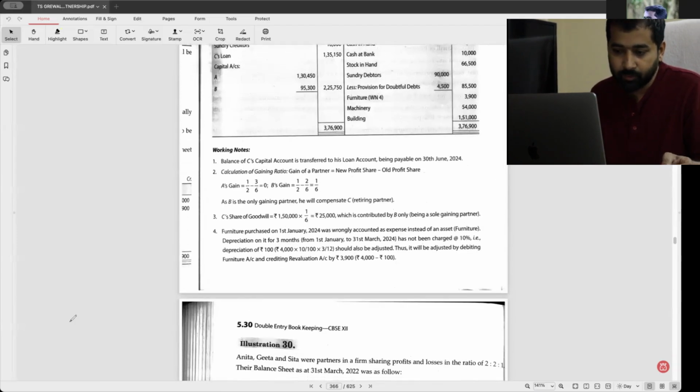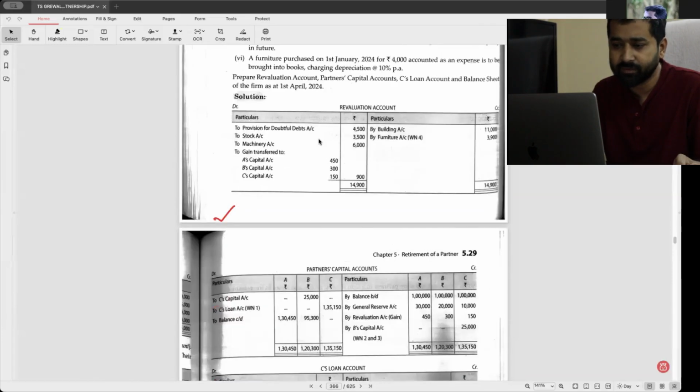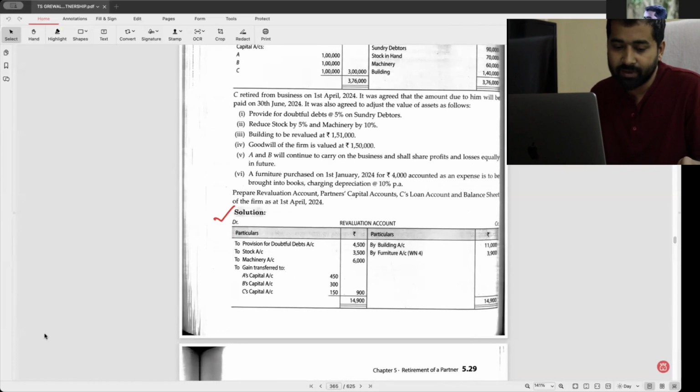For A, 1 by 2 new minus old 3 by 6, that is 0, nothing done. And second, B: 1 by 2 minus 2 by 6, 1 by 6 gaining. Now B only gained, so B will give the entire goodwill amount to C. Now let's see what the firm's goodwill is valued at: 1,50,000.